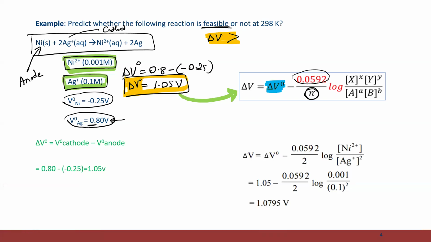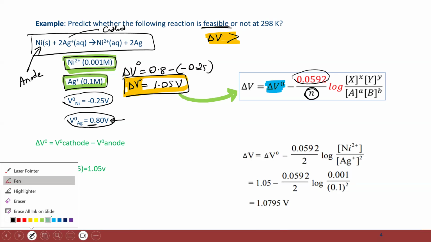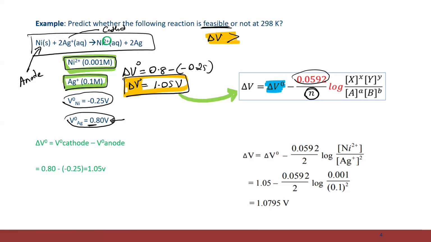How many electrons are contributing to this reaction? How do we know how many electrons are contributing? 2 electrons. How do we know that? Yes, 2 plus, this means 2 times ions, isn't it? So there are 2 electrons contributing in this reaction. So this is 2. Am I right?